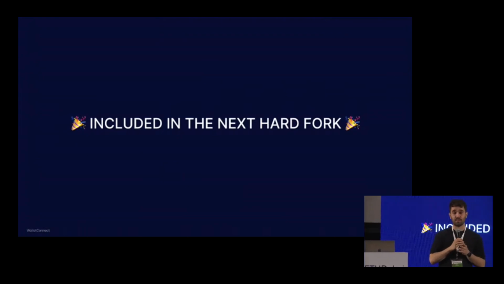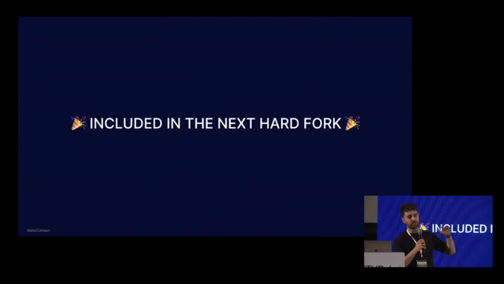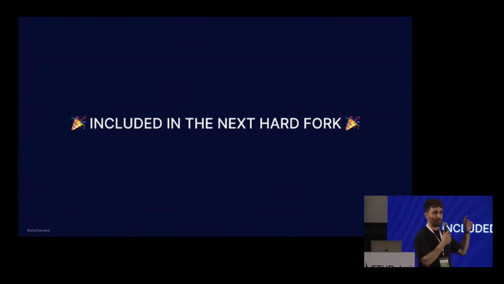This is a big step for the EVM because we had these three things for accounts, which were the signer, the payer, and the cryptography, and now we're going to change the payer capability to be the same for both external accounts and smart accounts.